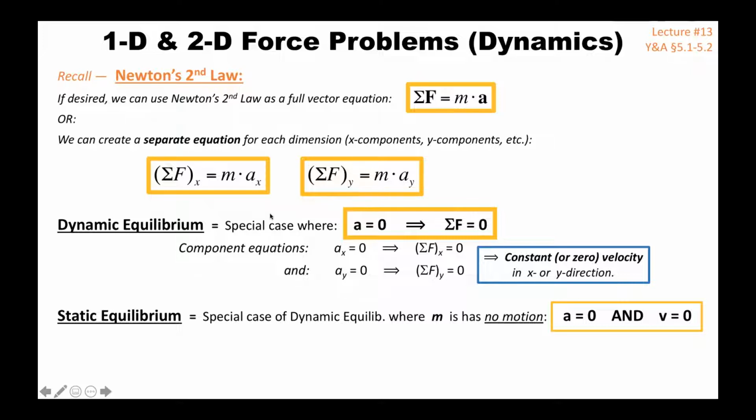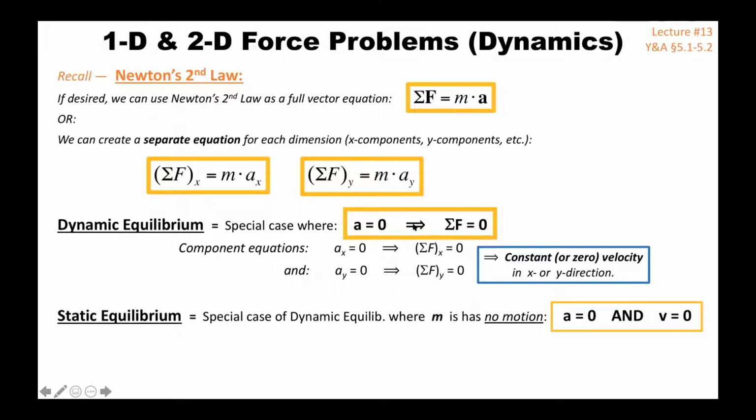Now, our textbook in section 5.1 talks about equilibrium. So it's worth at this point just briefly mentioning what is meant by dynamic equilibrium. Well, a system or a mass m, which could be either a single object or a system of objects, however we define it, is in dynamic equilibrium when the net forces acting on it all sum to zero.